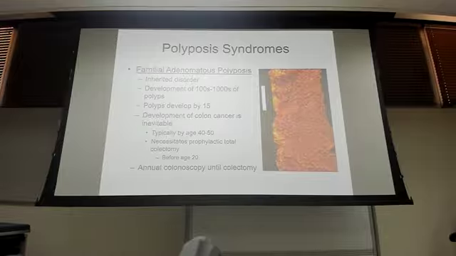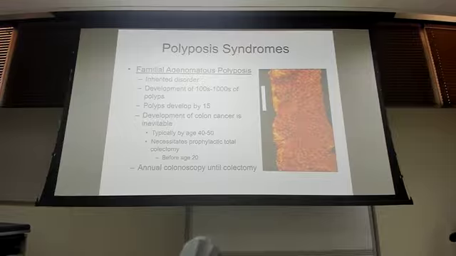We also have some hereditary disorders that cause polyps. So these are polyposis syndromes. What we're looking at there on that slide is familial adenomatous polyposis, so FAP. It's inherited, hundreds to thousands of polyps. Usually these develop early, by like the age of 15, so early teenagers. And these patients diagnosed with familial adenomatous polyposis, they will have colon cancer.